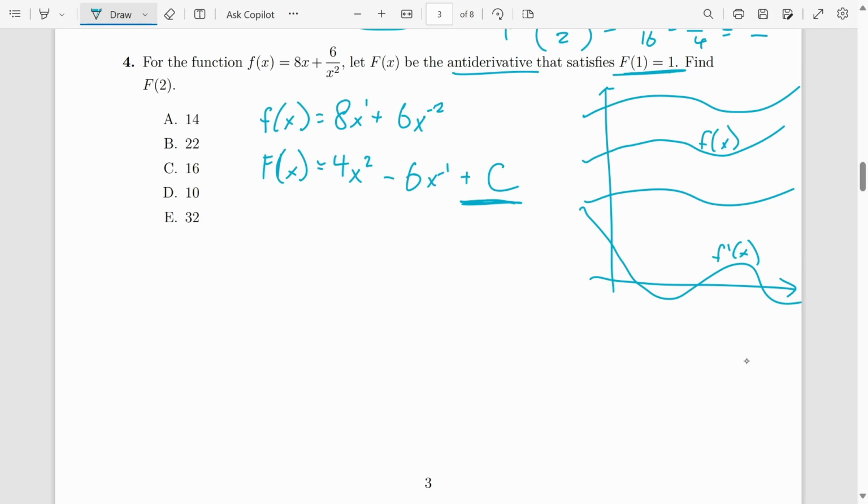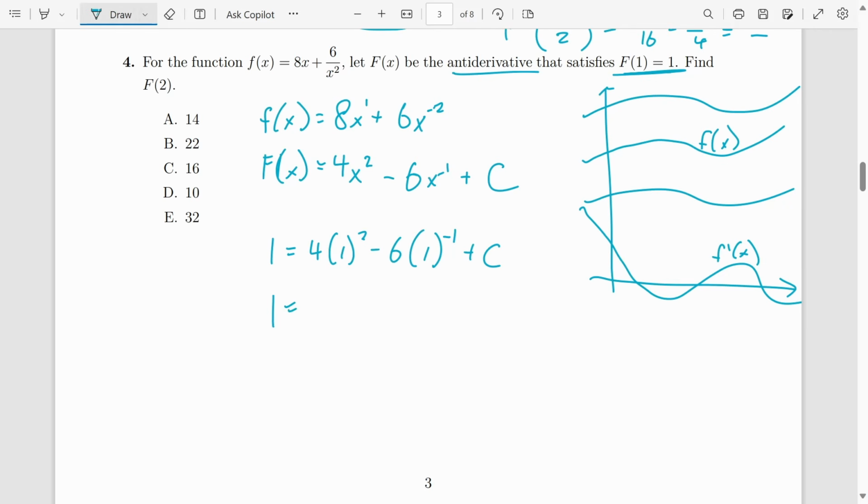So if we plug in both of those values, we do 1 equals 4 times 1 squared minus 6 times 1 to the negative 1 power plus c. You can see we're left with just this one variable, c. We can solve for it and then stick it back into the original equation to find our antiderivative. So let's do that.